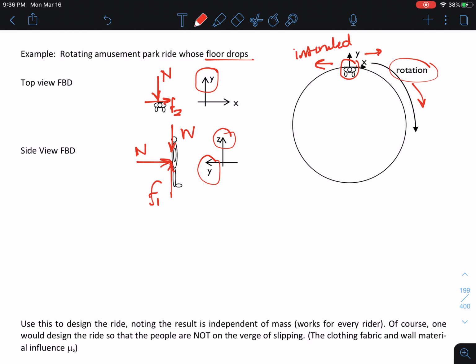If you remember that we covered centripetal acceleration earlier, we said that it is always toward the center, right? So if this is the center here, the person is accelerating toward that direction. That is the only acceleration we have. And that centripetal acceleration magnitude is given as v squared over r.